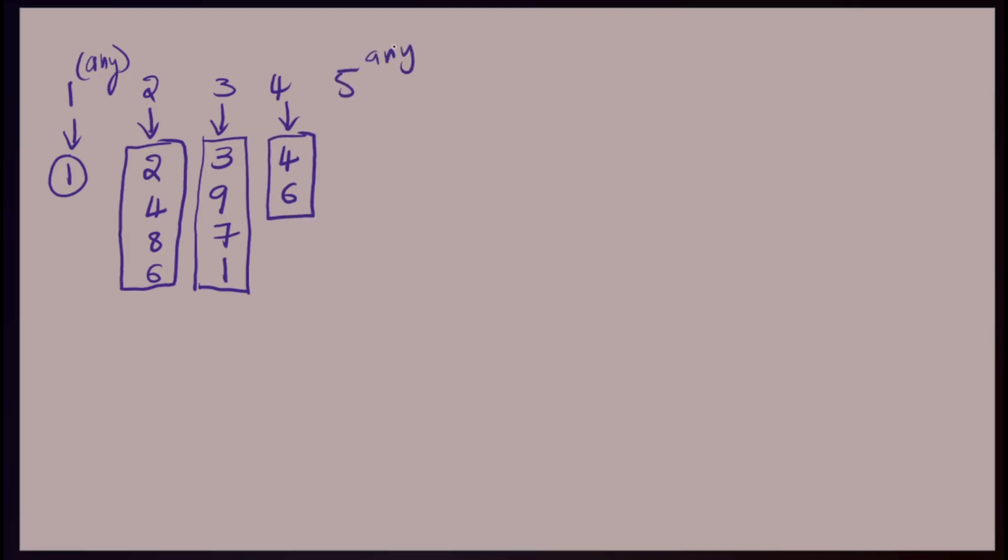5 power anything will give you only 5 as your units digit. 6 power anything will give you again 6 as your units digit: 6 sixes are 36, 6 times 36 is 216. Now let us check the powers of 7. 7 power 1 is 7, 7 sevens are 49, 7 nines are 63, 7 threes are 21, again 7 ones are 7.